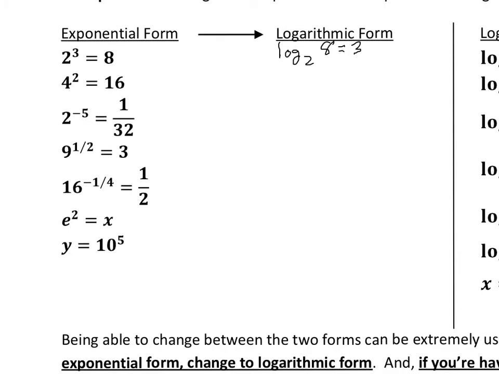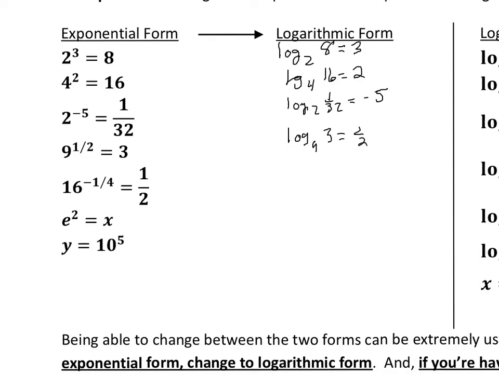Good. 4 squared equals 16: log base 4 of 16 equals 2. 2 to the negative 5 equals 1/32: log base 2 of 1 over 32 equals negative 5. 9 to the 1/2 equals 3. Oops, I wrote that wrong. So the base is 9: log base 9 of 3 equals 1/2.